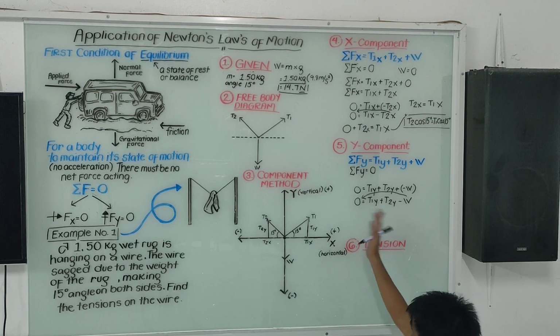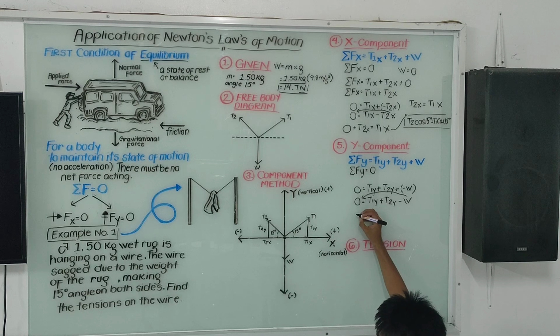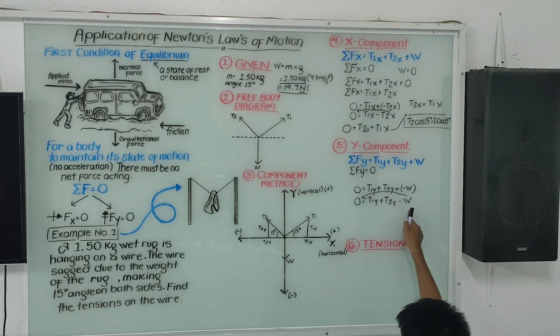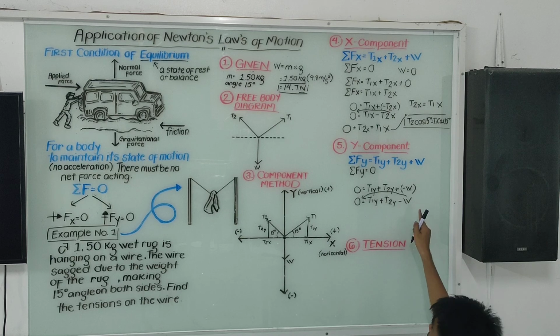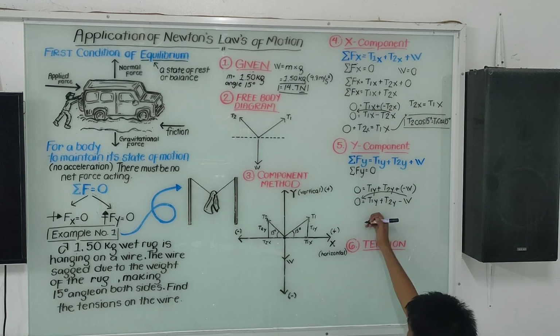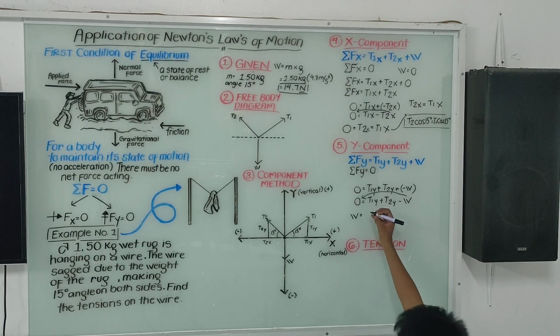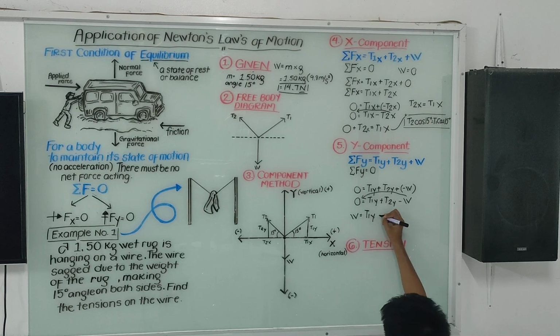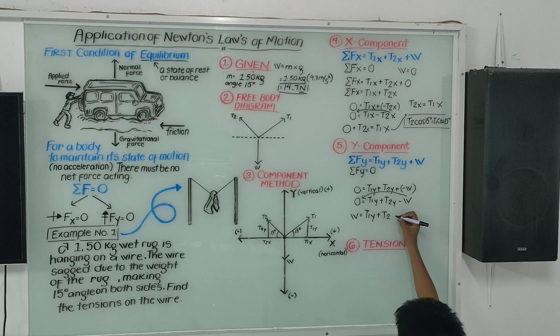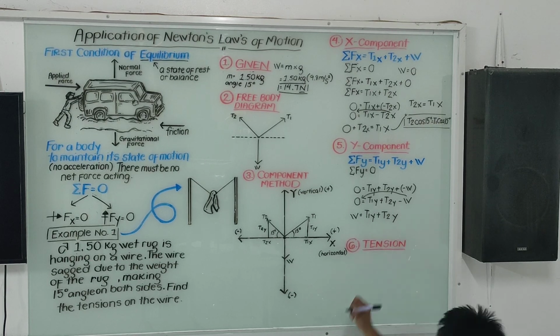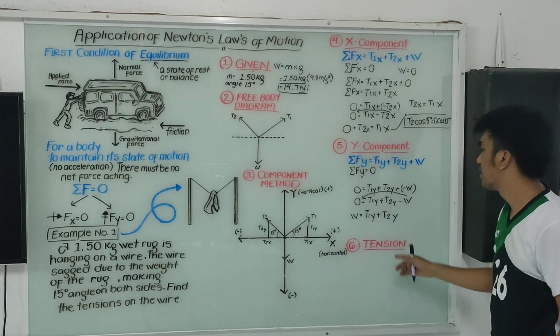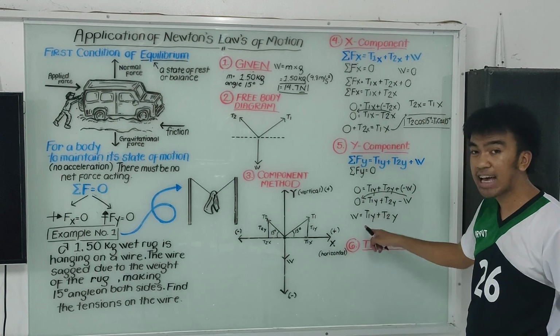So this will be 0, and since it's negative, when we transpose a term to the other side, the sign will change. So this will be W is equal to T1y plus T2y. Okay, and then since both are like terms, we can add this.